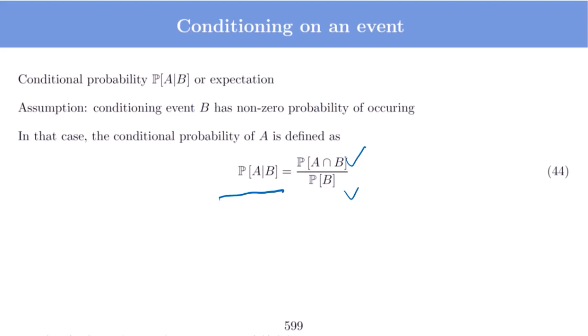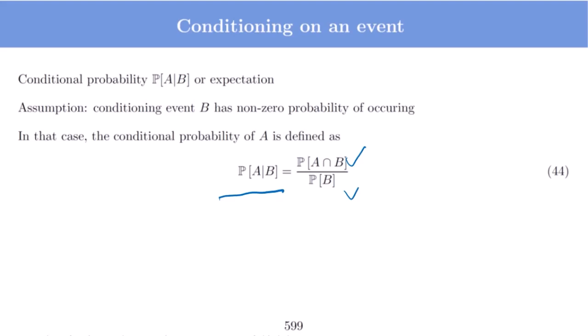So this is a ratio: out of all the events where B has occurred, what is the probability that A will also occur? That's why we call it conditioning, because B has occurred, and out of all those outcomes where B has occurred, what is the fraction of outcomes where A has also occurred? So it's a relative probability.